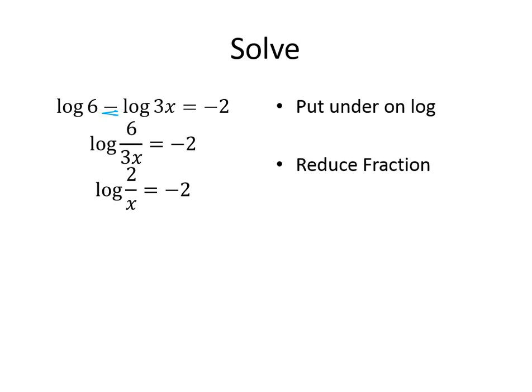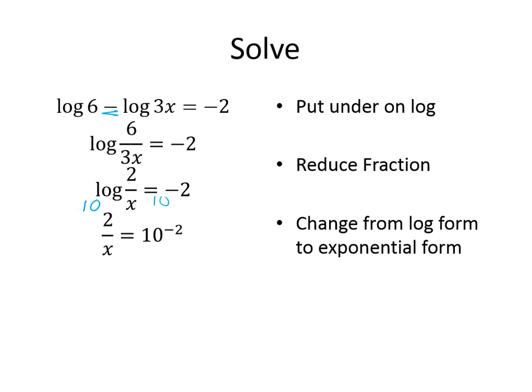Now what we're going to do is take both sides to whatever the base is. The base here is 10, so we're going to take 10 to the power of each side. So 10 to the log of 2 over x is equal to 10 to the -2. Now the power out front cancels, and that's why we do this. Whenever we take 10 to the log of something, the number we're taking the log of becomes the actual number.